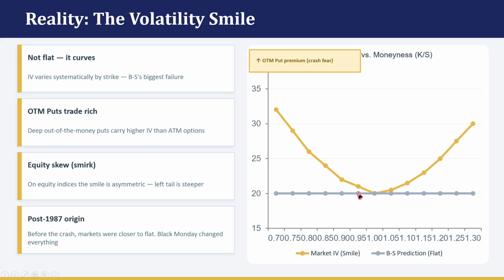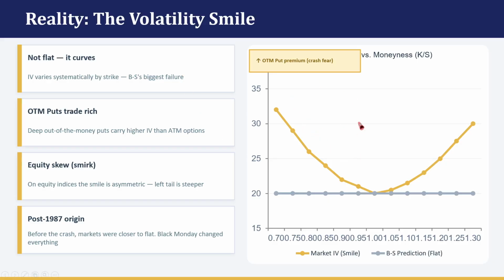Now let's look at the reality. This is the boring Black-Scholes prediction of flat or constant volatility. So for the volatility smile, this is what the market actually shows. Look at the chart on the right.